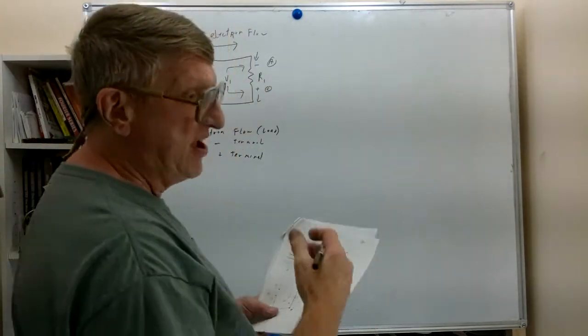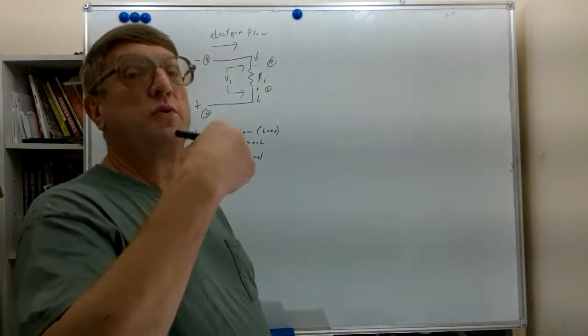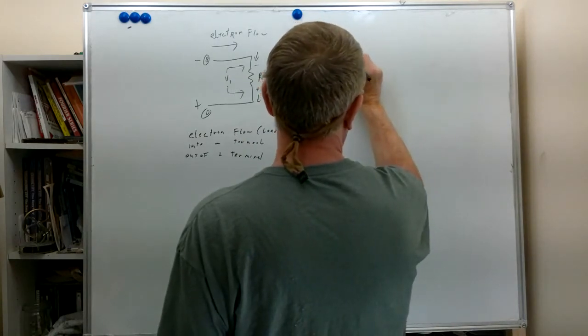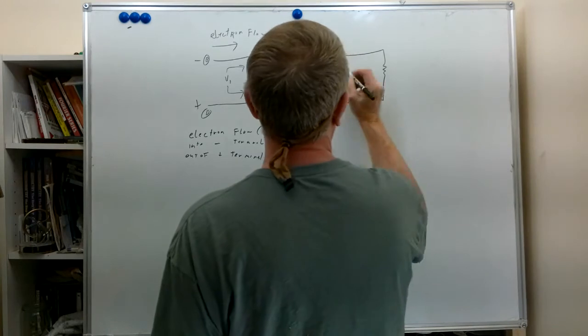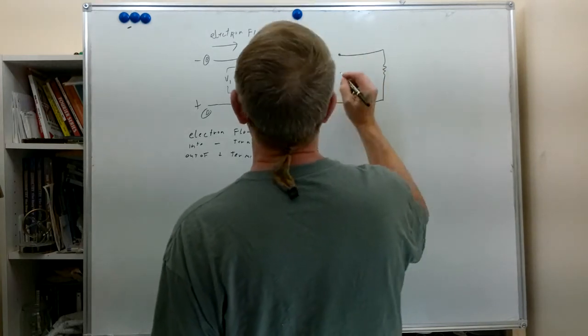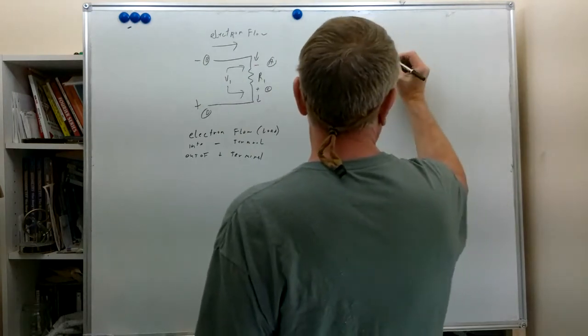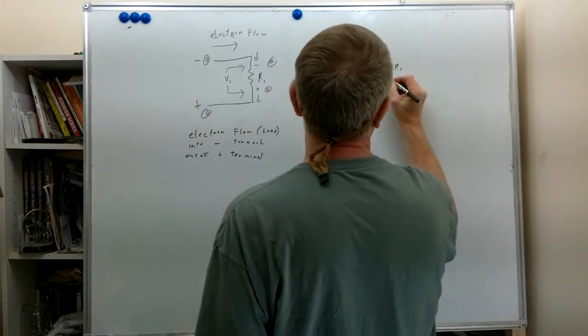Now we're going to draw a very similar drawing. We're going to talk about conventional current flow. Put the same polarities of our source here, negative, positive. The same polarities on our same resistor R1, plus, minus.